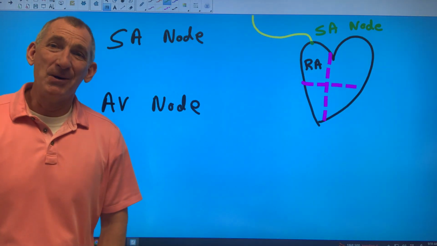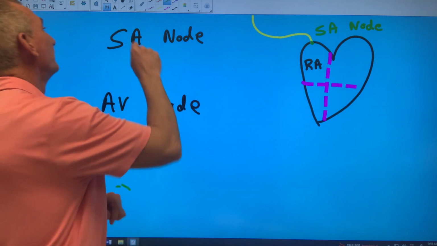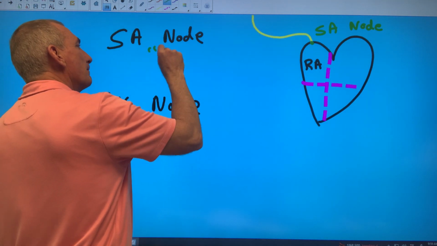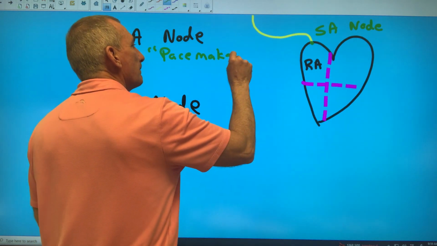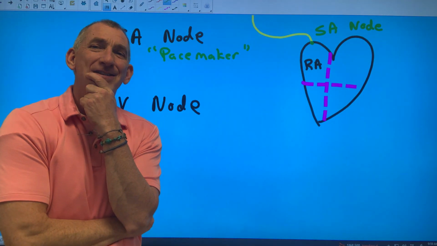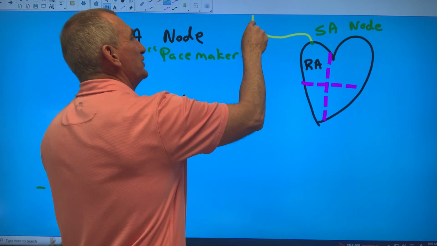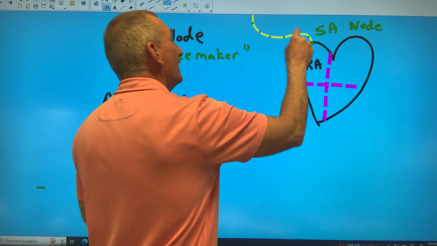The SA node on the street is called your pacemaker. See, the medulla oblongata sends a nerve pulse right down here.